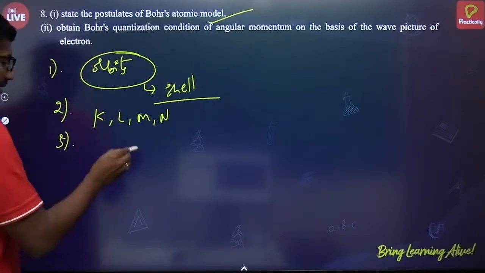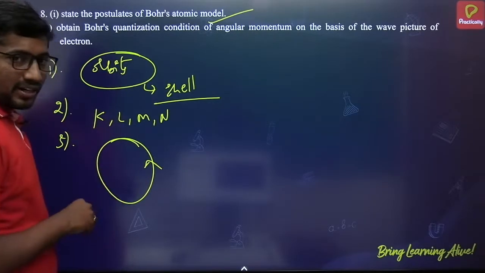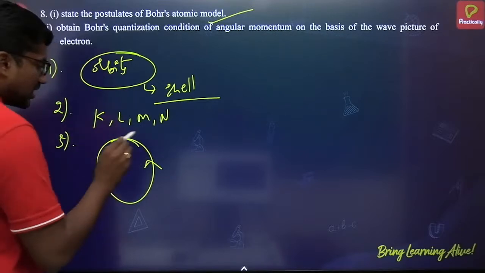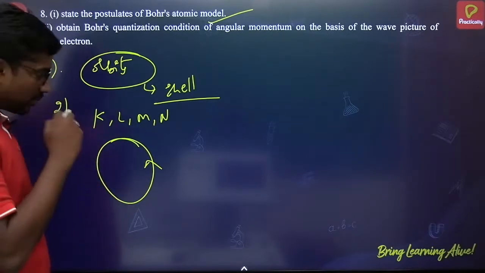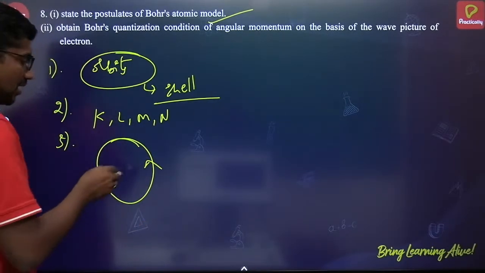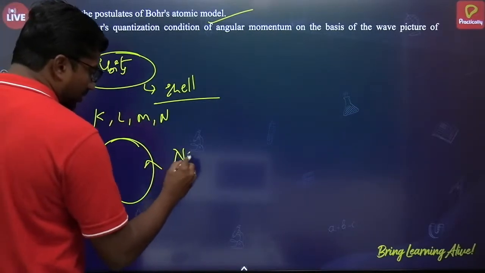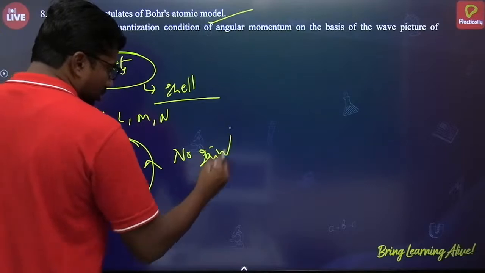Until and unless that electron comes out of that orbit, there won't be any kind of transmission of energy, no gain, no loss. So energy won't be emitted or gained when it is revolving around the nucleus in its orbital path. No gain, no loss.